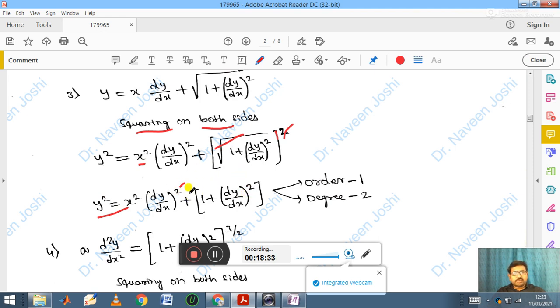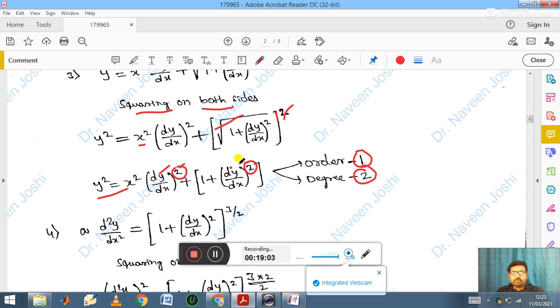Then what is the highest order derivative? dy/dx and dy/dx, both are first order derivatives. Therefore order is 1. What about degree? The degree of the differential equation is 2, since both are first order derivatives and both have power 2. Therefore degree 2 and order 1. Go to the next example.